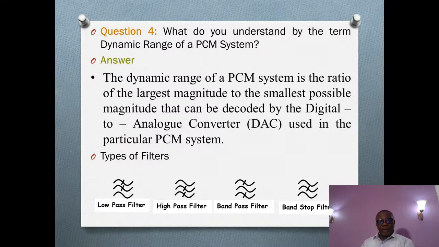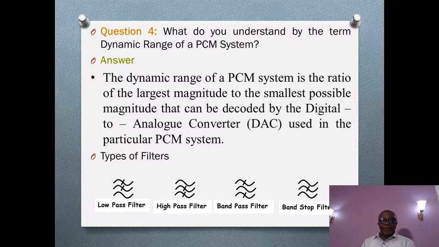So they are called low pass, meaning that it passes signals from 0 to a particular point, and from that point up, it doesn't allow the signal to pass. So it's a low pass filter. It allows lower signals from 0 to a particular point to pass.